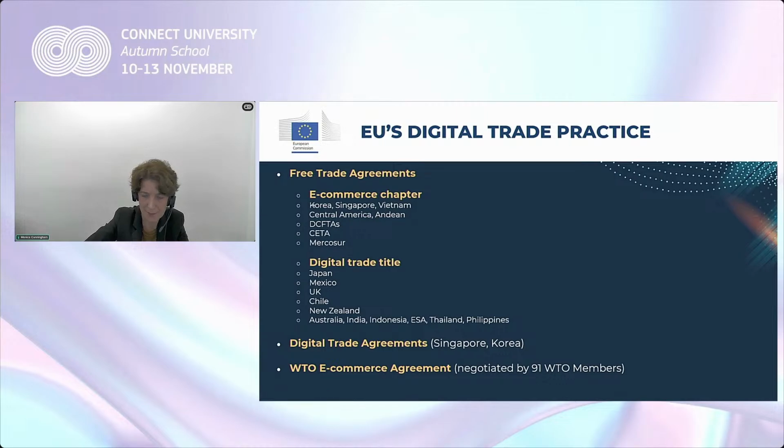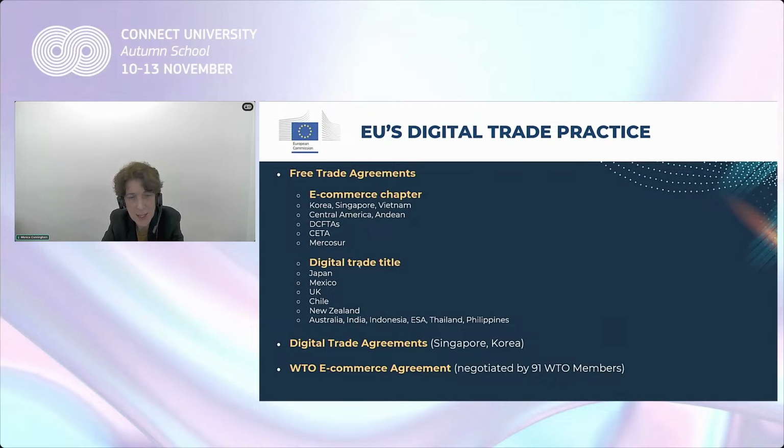So here we have, as I said, we started with some less detailed provisions on e-commerce in our free trade agreements, as of the Korea, Singapore, Vietnam agreements. And then it wasn't until the Japan agreement that we really had what we called a separate chapter, not in the services chapter, but a separate chapter called digital trade.